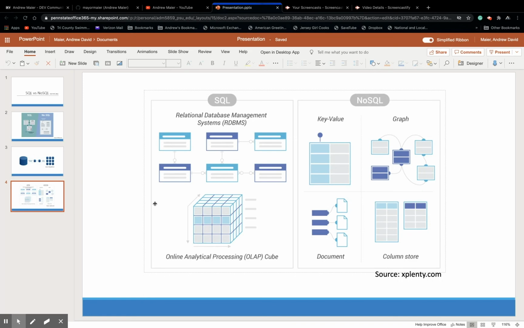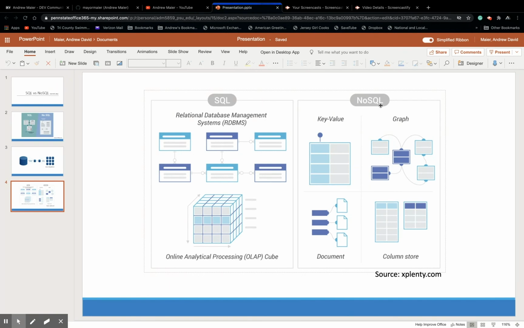Lastly is the data types that exist on SQL style and NoSQL databases. For relational databases, like I said, they're table-based, and the tables are interconnected to allow for flexible queries.